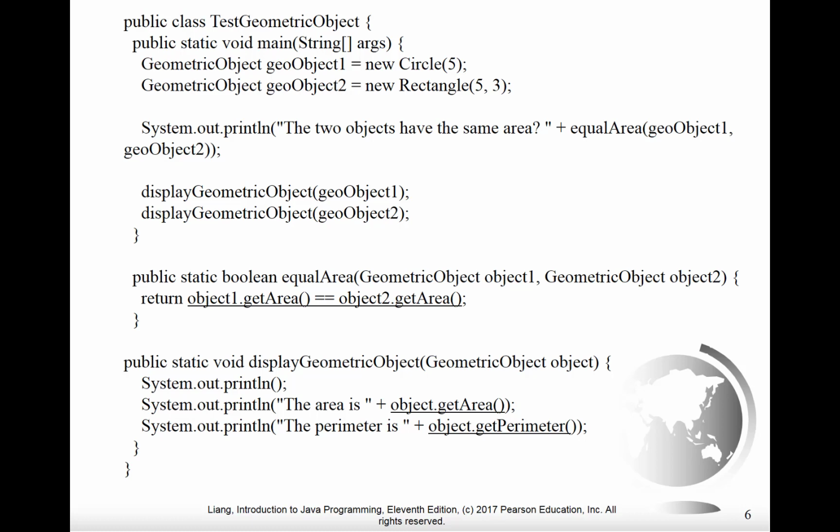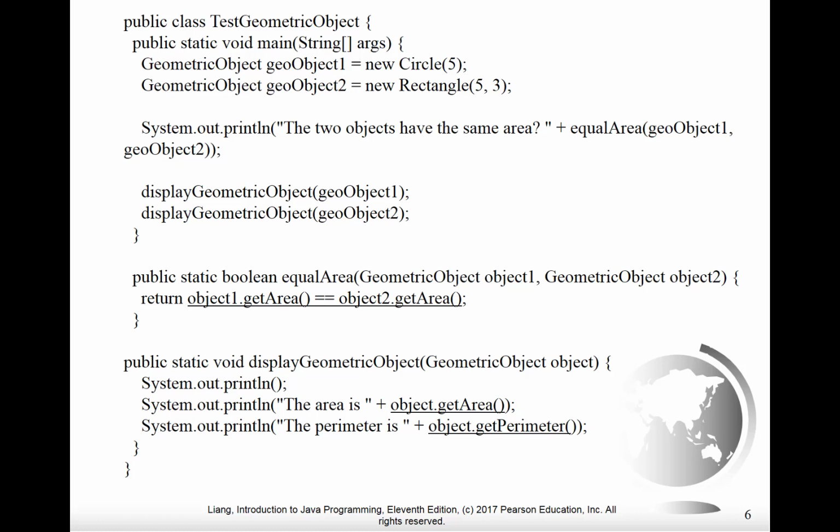Notice that the declared type in each of those cases is geometric object, which is an abstract class. That means we're not going to be able to make the objects from this using the new. However, notice what we've done instead. In the case of GeoObject1, we've used the new operator, but not with geometric object because we can't. Instead, we've used new circle and used the one-arg constructor for this.